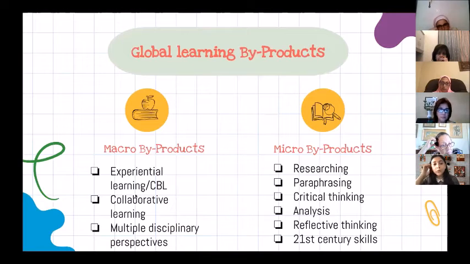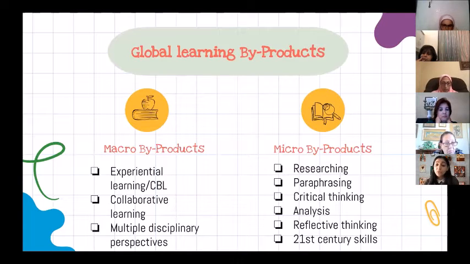There are other global learning byproducts. This is what I call them, byproducts, and I classify them into macro byproducts and micro byproducts. The macro ones: you're fostering experiential learning or community-based learning, and collaborative learning, and again we have multiple disciplinary perspectives, because they learn about the climate, they talk about gender issues, they talk about social justice.